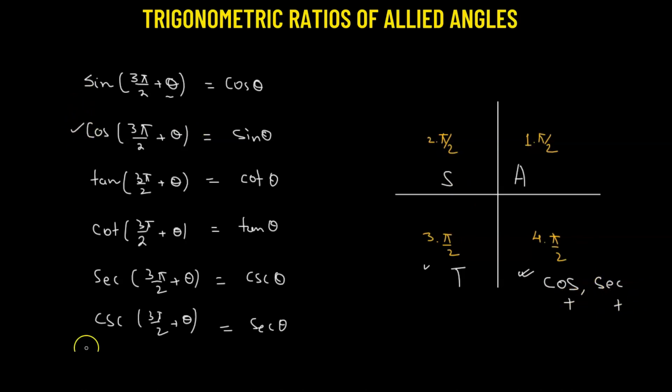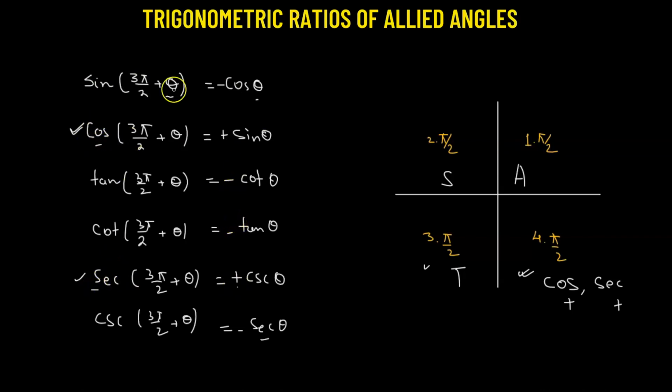So look for the cosine and the secant, keep the final answer positive, and everything else will be negative. Again, you have to be very cautious. Don't look at the answer that you have obtained here, secant and cosecant, where the sign is negative. No, we only have to look at the original trig function with which we started out. We started out with cosine and secant, so they are going to be positive.